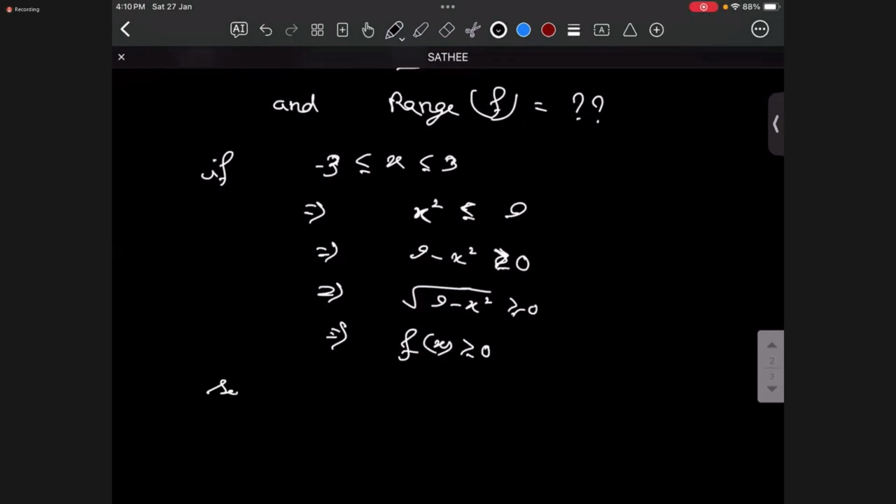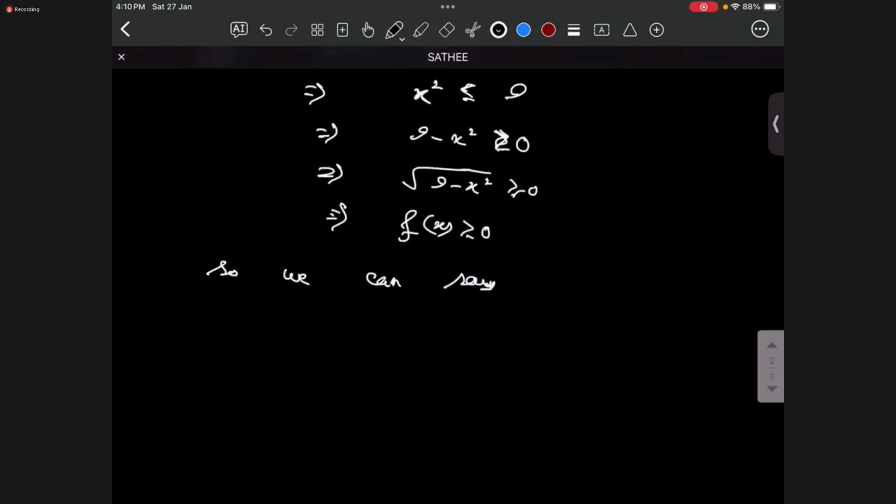So we can say that f of x should be in a subset of 0 to infinity, or we can say R greater than or equal to 0.